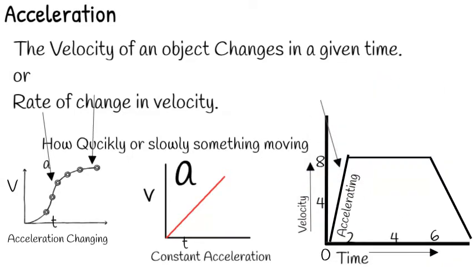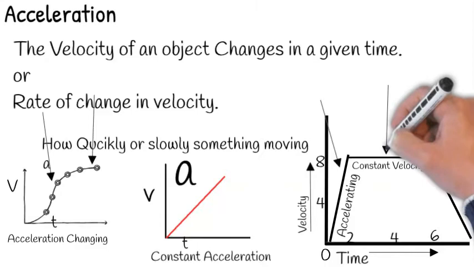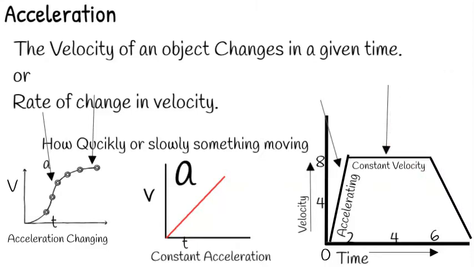You see, this arrow shows the body accelerating from 0 to 8 meters per second. But at 8 meters per second, in the time interval between 2 and 6, the body moves with a constant velocity of 8 meters per second. After that, the body moves downward, in the opposite direction to the first direction.